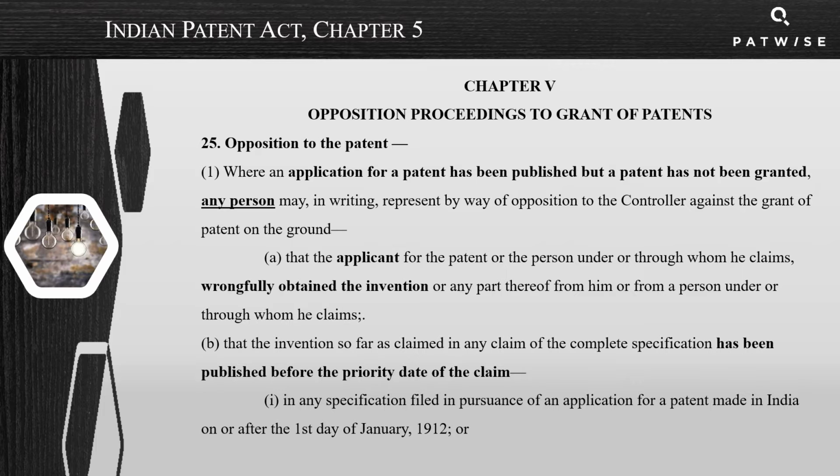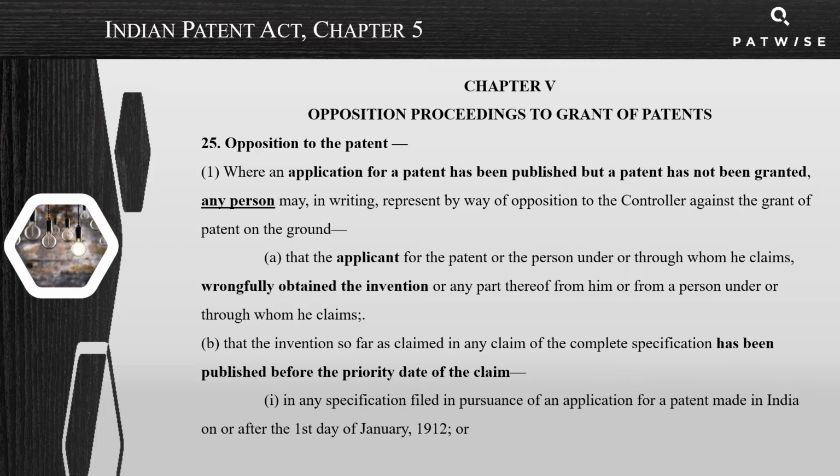The most important differences between a pre-grant opposition and a post-grant opposition are two in number. Point number 1, the pre-grant opposition has to be filed any time before the controller decides on the grant of patent, or any time before the controller passes the order of grant of patent.